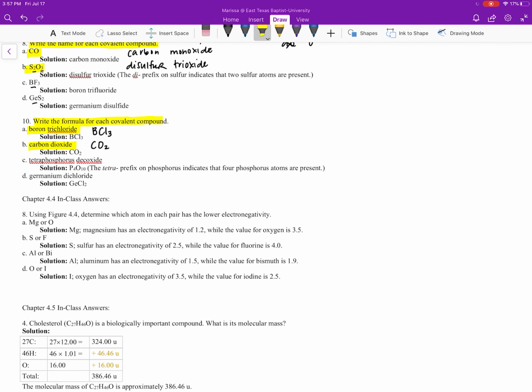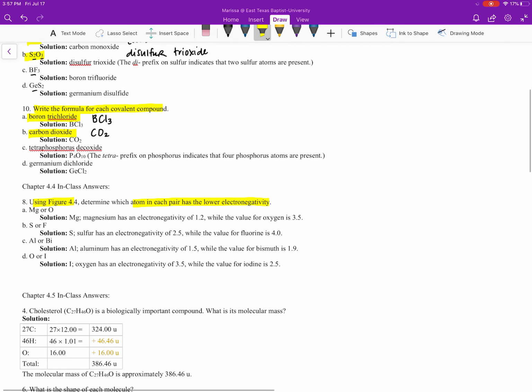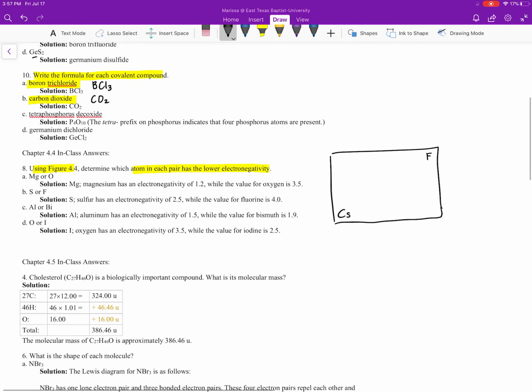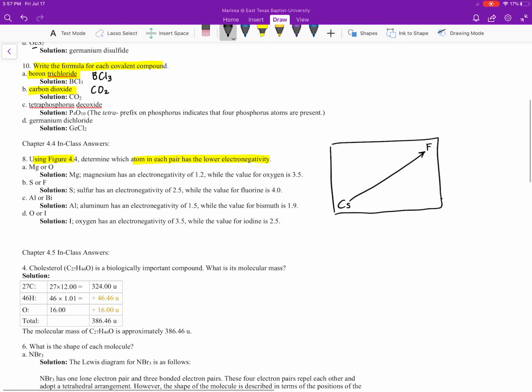The next question says to use figure 4.4 to determine which atom in each pair has the lower electronegativity. Just a gentle reminder that fluorine is the most electronegative element and cesium is the lowest. So it's going to increase as we go up the column and as we go over from left to right. In the first pair, I have magnesium and oxygen.